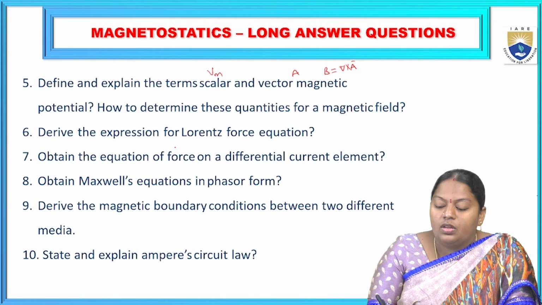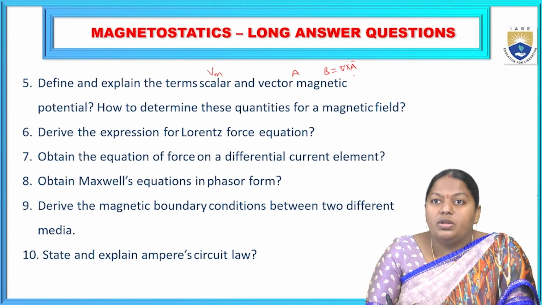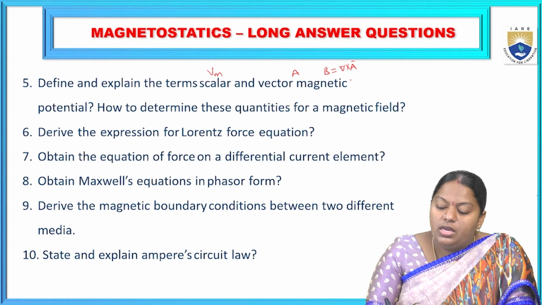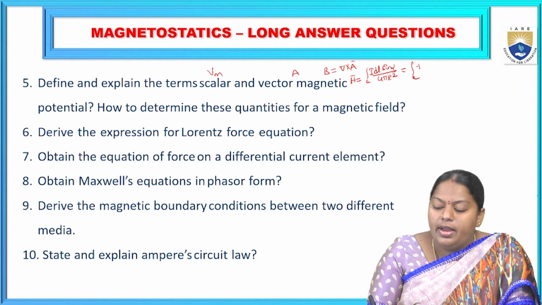From this, if you want to write the line current element, surface current element and volume current elements, then H̅ can be written as integral over L of I dl sin α by 4πr², or integral over L of I dl a_R by 4πr².